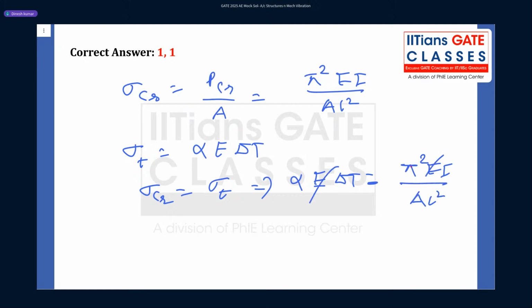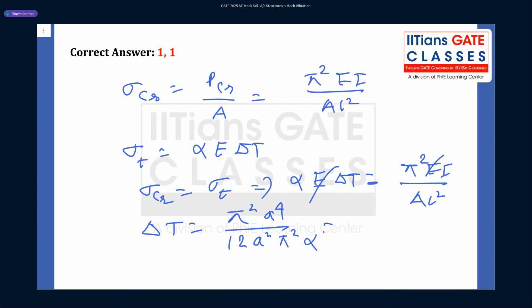So E got cancelled. What is unknown? Delta T. Now guys, what is the length? Pi square. What is I? I is A power 4 upon 12. What is the area? A square. What is the length? Pi square.